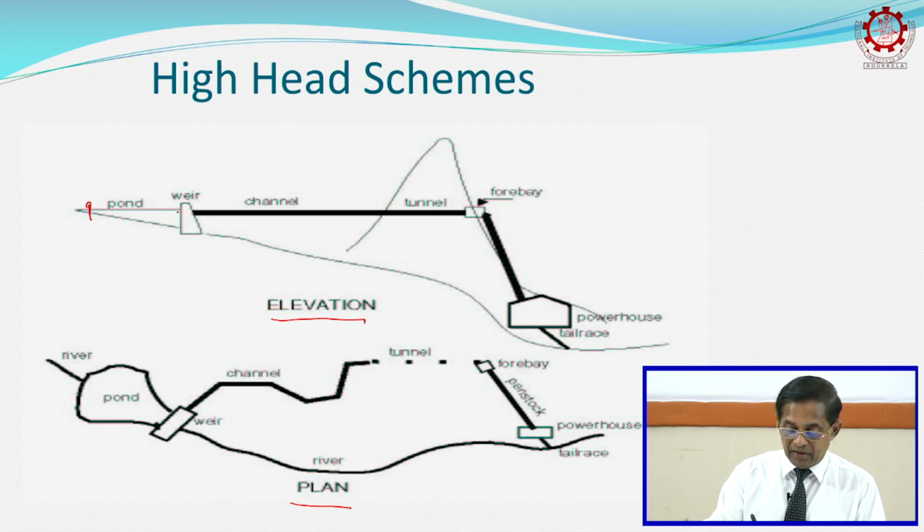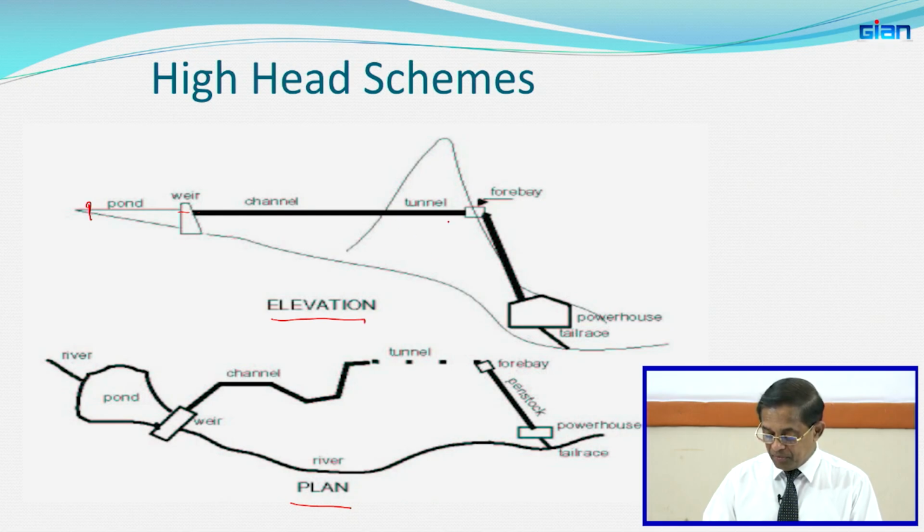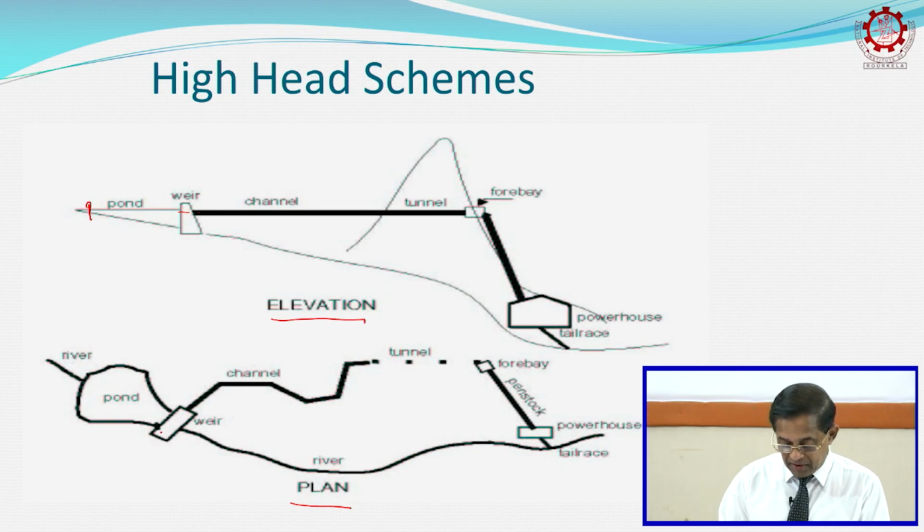Water enters here, on the side of the dam, and then it is brought through a tunnel or a canal. If you look at the plan view, water normally flows this way in the river, and now water is diverted using the weir or the dam to a canal, and the canal runs this way.